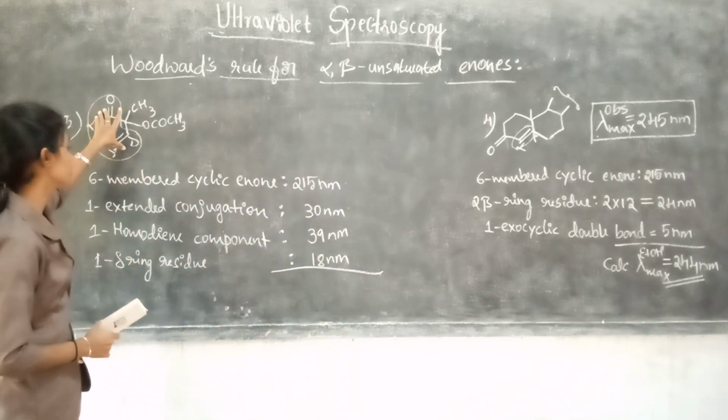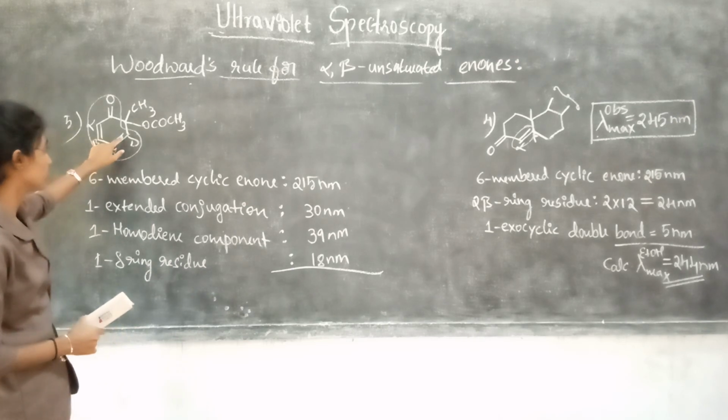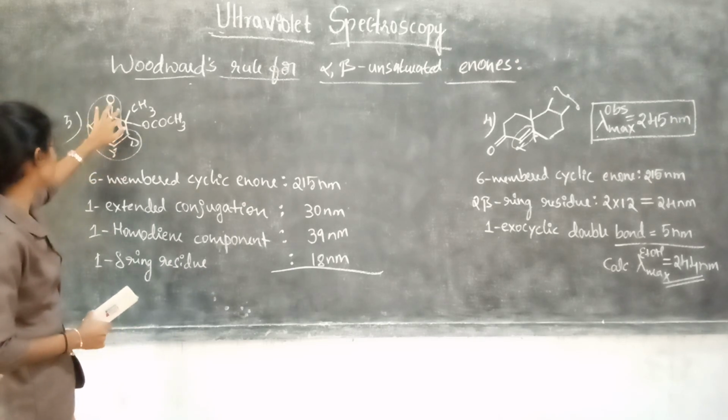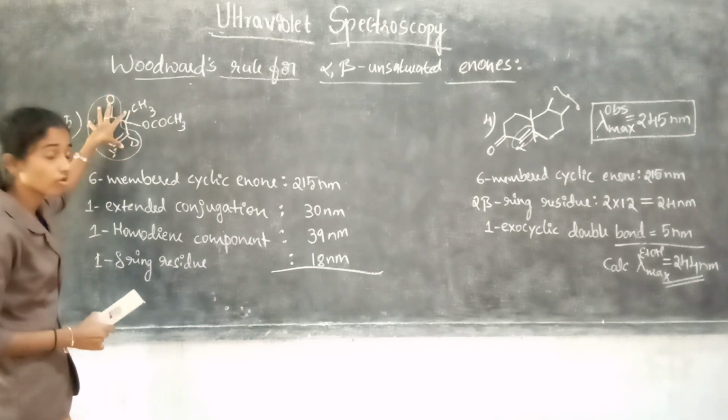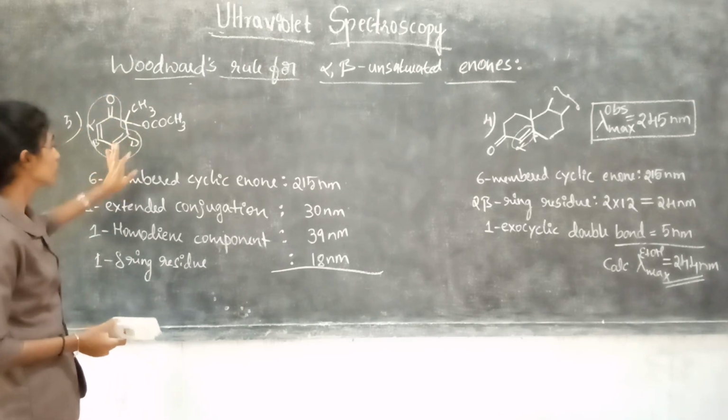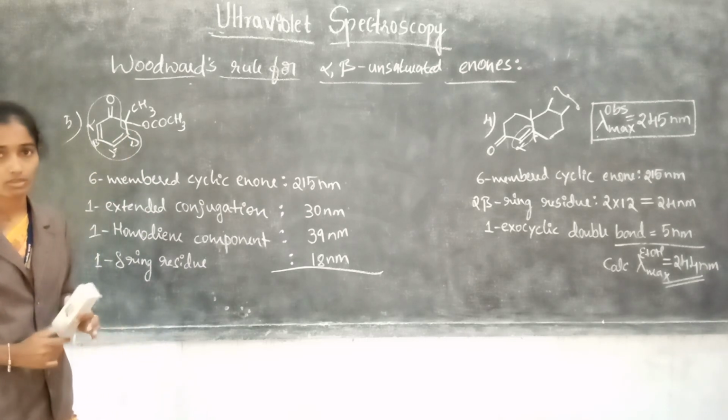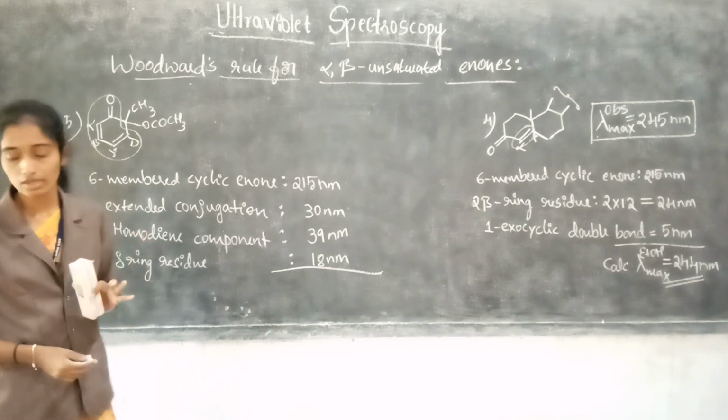Here in this system we have one extended conjugation, one homodiene component, and at delta position one ring residue.